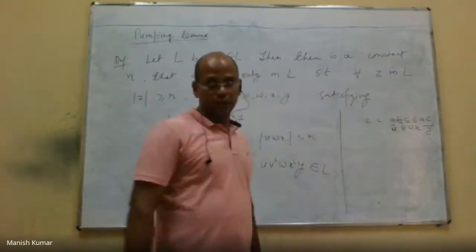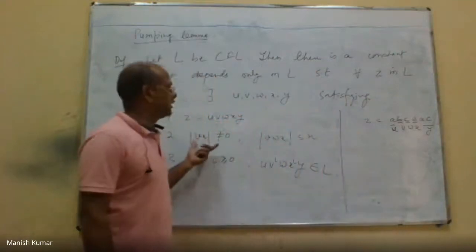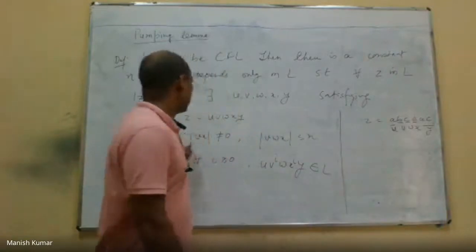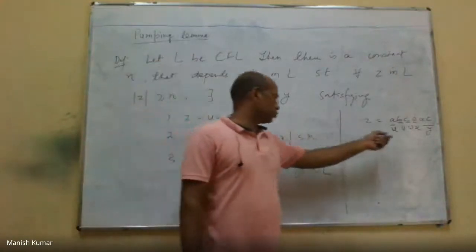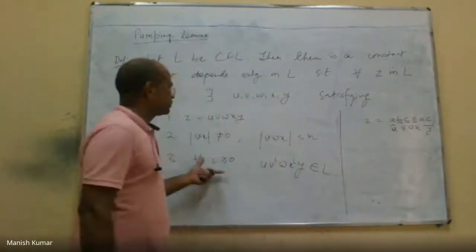If this is the case, then vx in this case is non-empty. It is very much evident. And then the length of vwx is less than or equal to n. Certainly that can be assumed. So what does it mean?